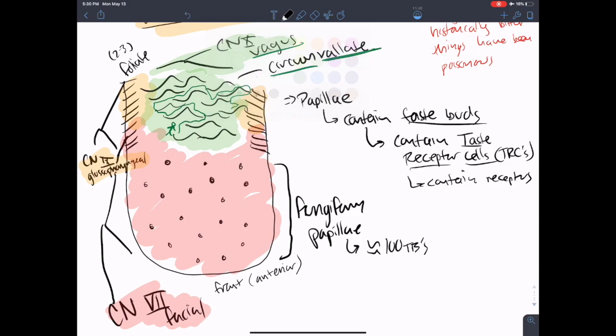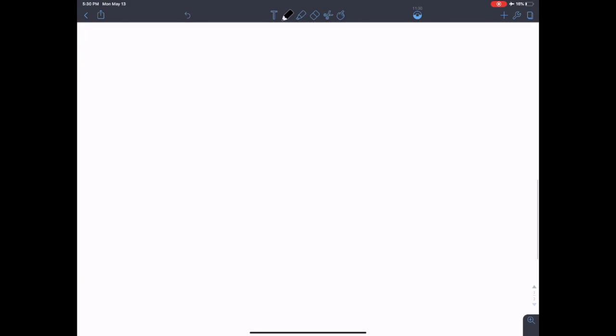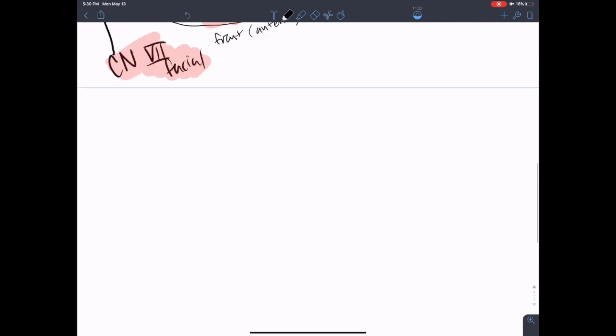And I guess what I'll talk about next is, where are these axons going in the central nervous system? So if here's your tongue, here's cranial nerves 7, 9, and 10. And they take slightly different routes, but for this class, I'm going to ignore that.